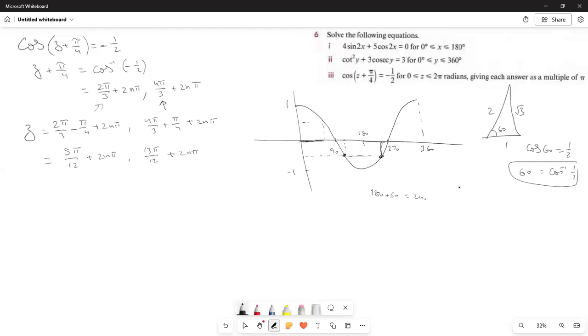Since we need to find the answer between 0 and 2 pi, the only answers which follow this range are when n is equal to 0, so I don't need to consider the other part. So my final answer is z is equal to 5 pi by 12 and 13 pi by 12. Okay, I hope it's clear.